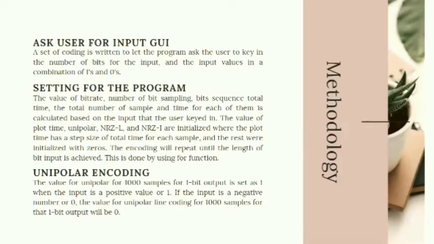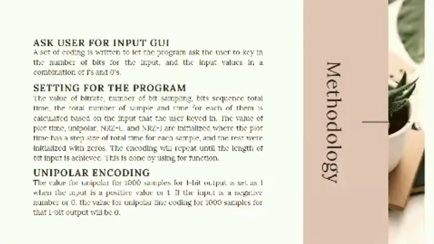Then in the next step, we set the program to plot the time for unipolar, NRZ-L, and NRZ-I. The third step is unipolar encoding. In this unipolar line coding, we set the sample for the encoding to 1000 samples.